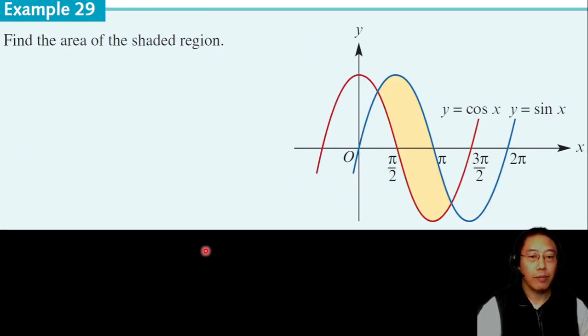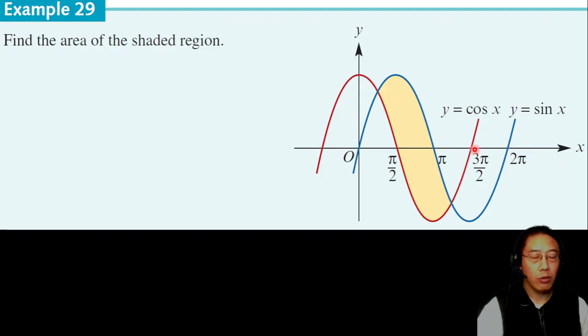Alright, another example, two functions, in red y equals cos x, in blue y equals sin x, and you can see it intersecting over two values, over here between 0 and pi on 2, and down here between pi and 3 pi on 2.